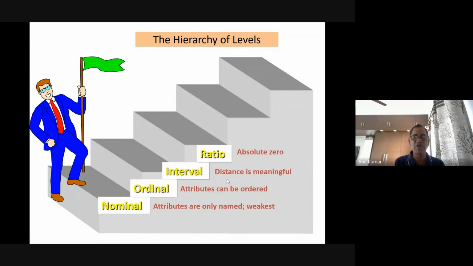Absolute zero is also defined in ratio, but in interval scale distance is meaningful though not from absolute zero; the point of reference is not zero. In ordinal, you simply have ranking of the data, and in nominal you don't even have ranking. Nominal means you have just named, for example, my name is Anil.